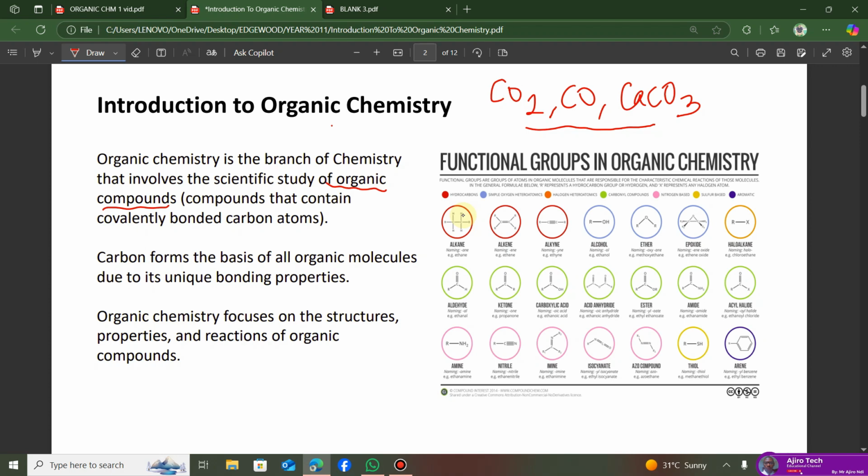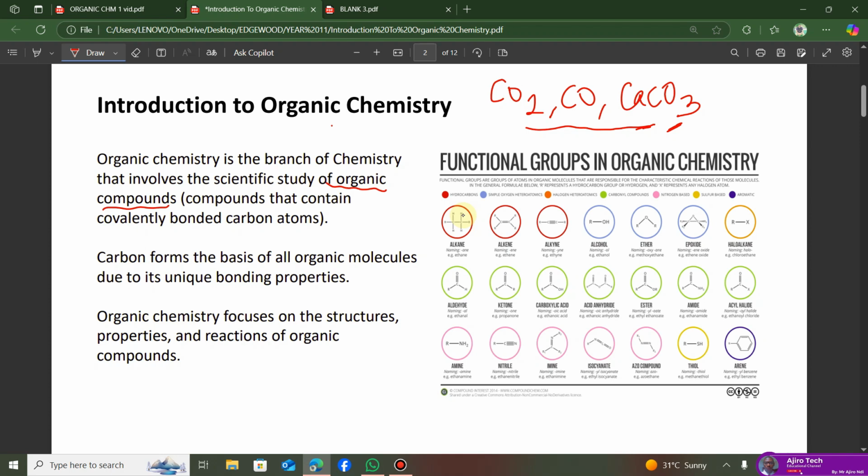These are not derivatives of carbon hydrogen compounds, and therefore they cannot be regarded as organic compounds. So majorly, we'll look at compounds that contain carbon covalently bonded to carbon, or to other atoms, or carbon hydrogen derivatives. That's what organic compounds simply mean.